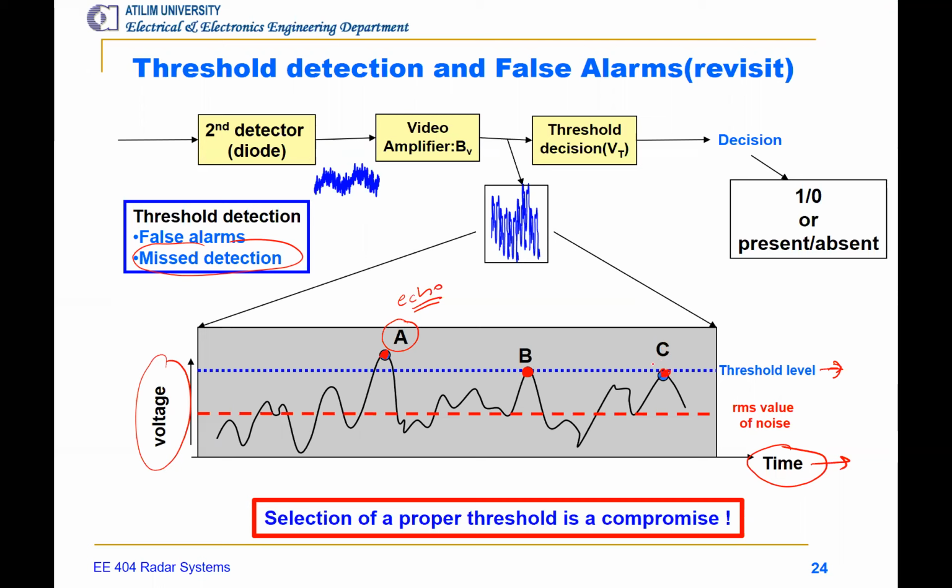So the threshold here is very critical. If we fix this, and if the clutter affects the signal with time, then it's likely that we can make many errors. We can have more misdetections or false alarms.